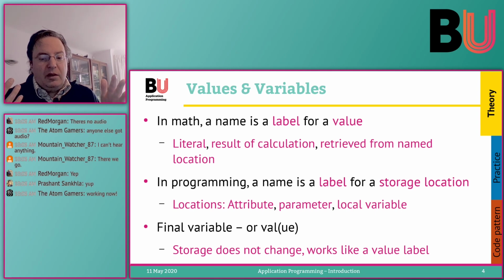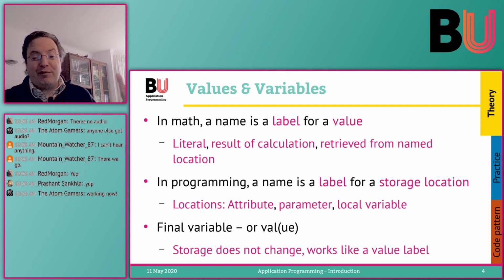And especially when you have a variable, so one that can change. If you have a final variable, or Kotlin calls it a val or value, then that change thing goes away, not because it's not a storage location, but because it is forbidden to change. So at that point, you can actually treat it as if it was a value.